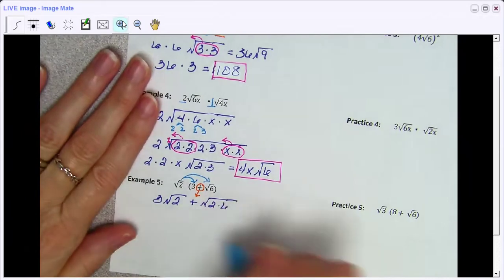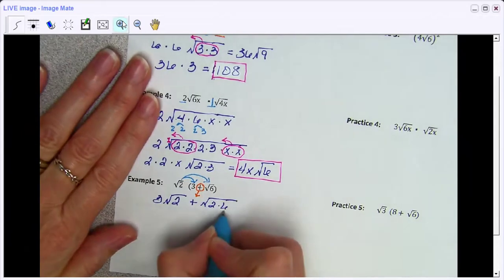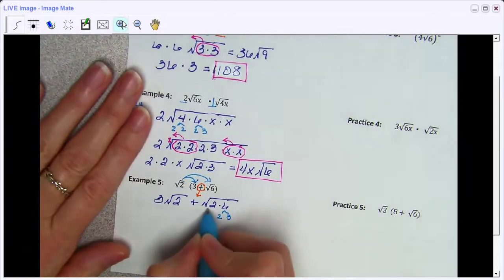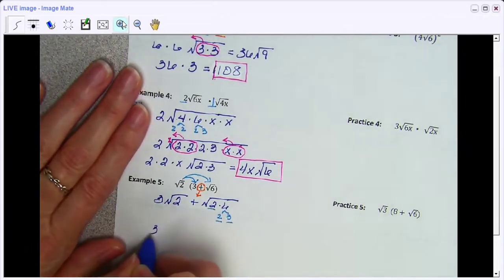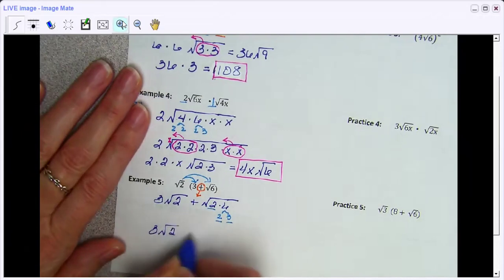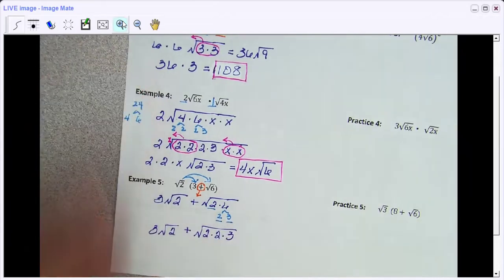If you didn't, you might put the square root of 12, but don't forget you have to go back and see if you can factor any numbers out. So we have 2, 2, and 3 here. So I'm going to rewrite this as the 3 square root of 2 plus the square root of 2 times 2 times 3.